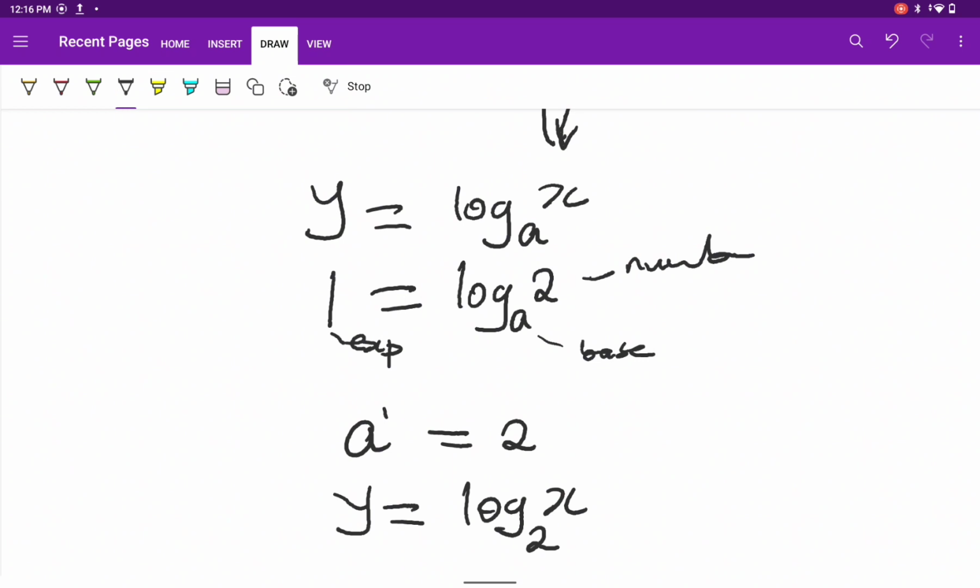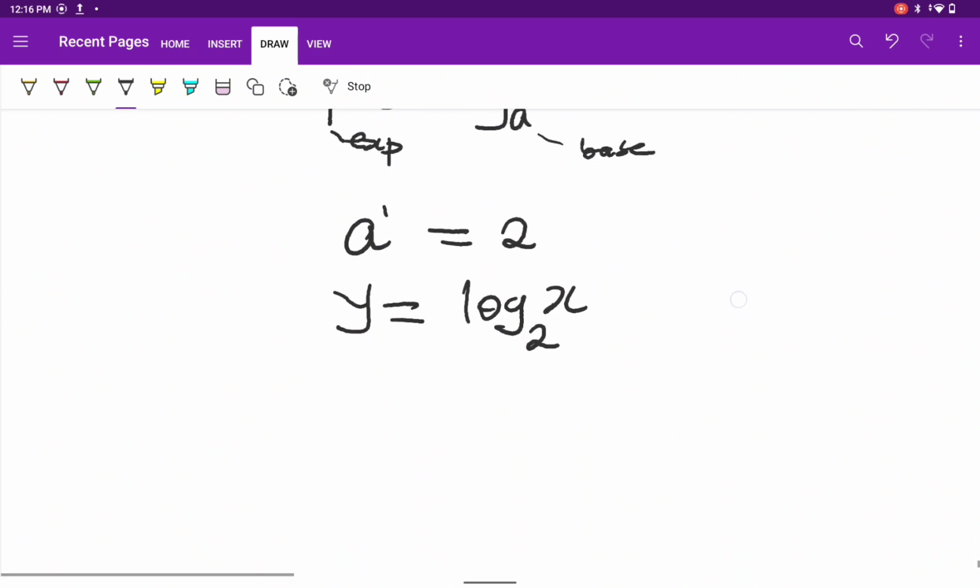So you see, we are able to calculate the equation. Now let's go to the domain and the range. We look at the domain and the range. Let's start with the range this time.